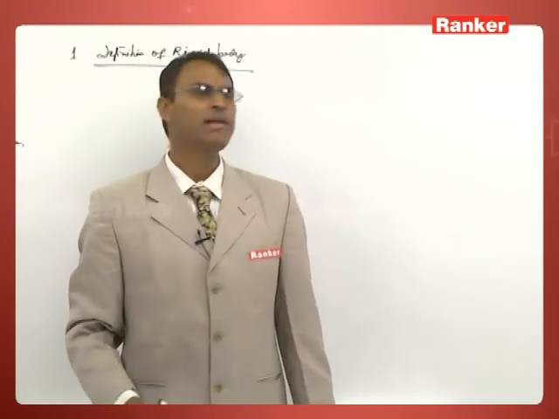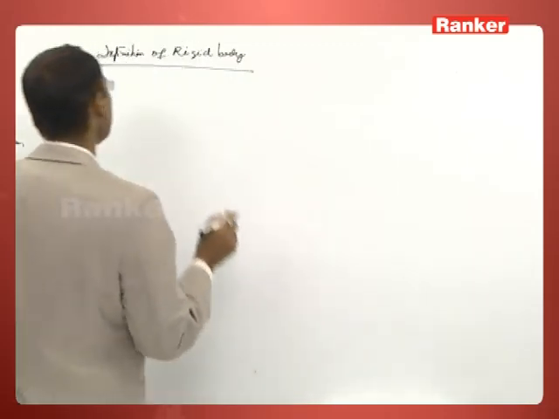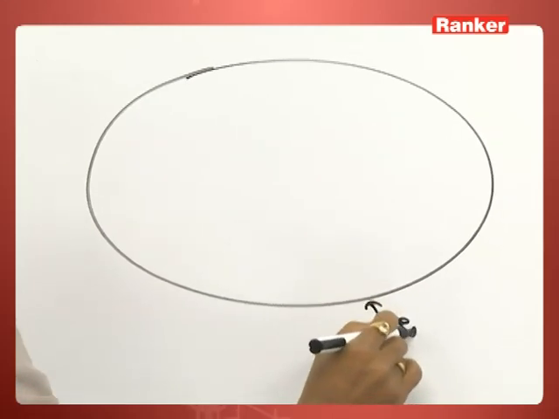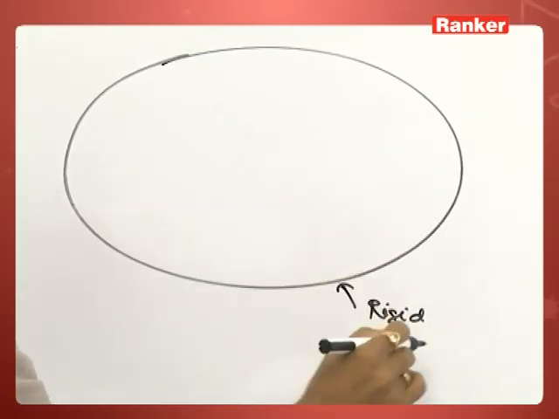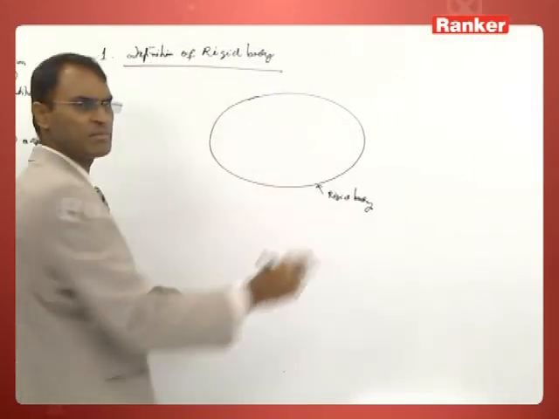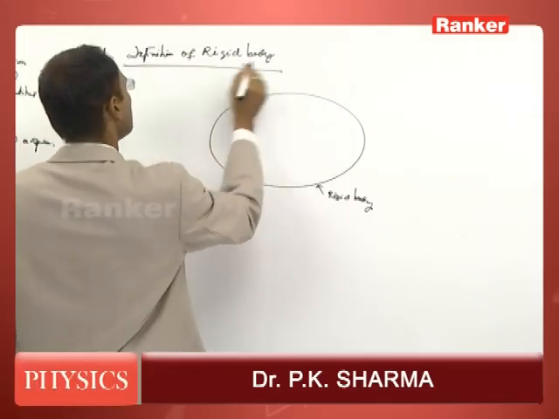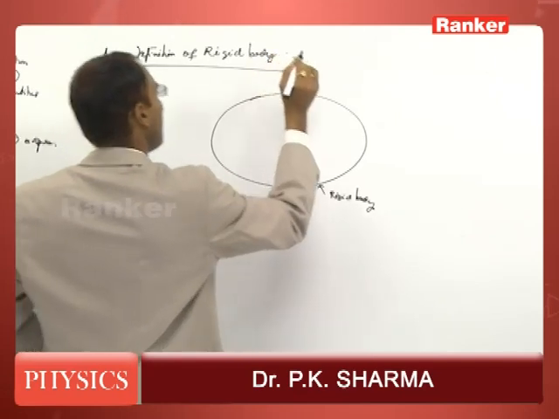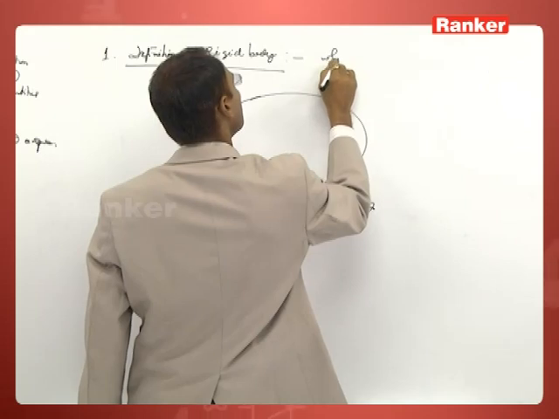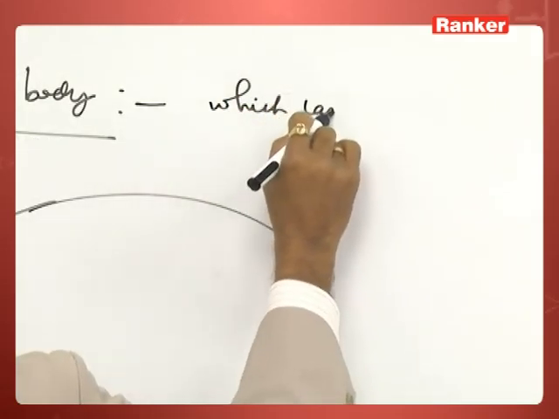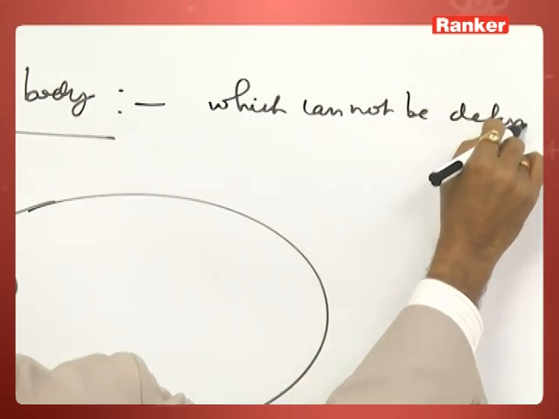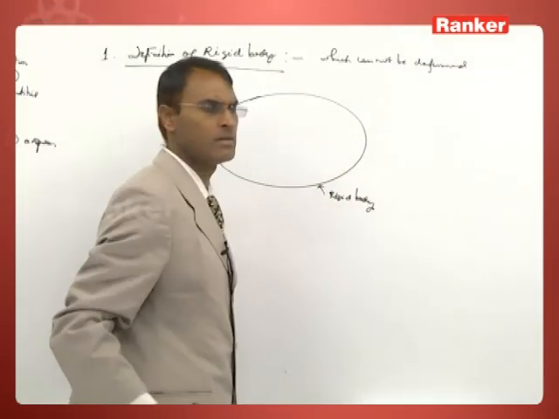If this condition is valid for rigidity of any object, called a rigid body, then under the definition of the rigid body, it cannot be deformed ideally.